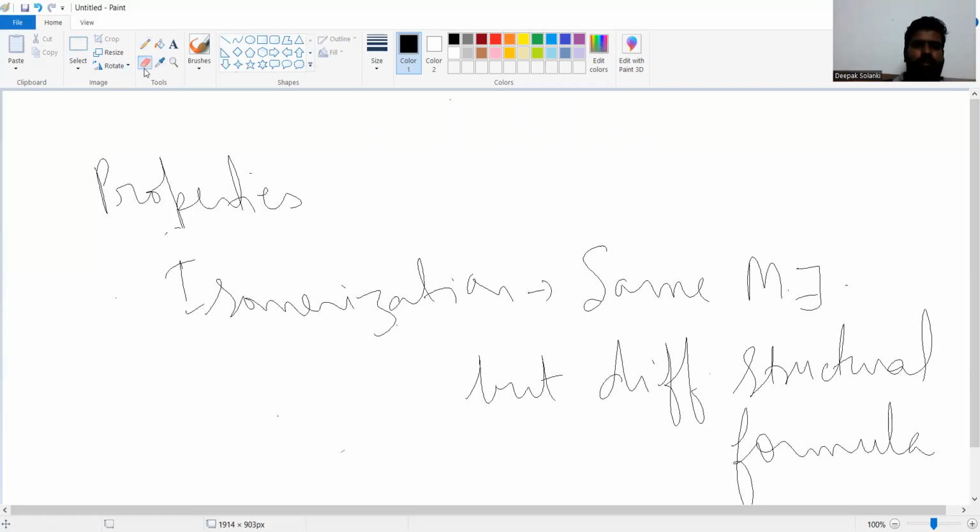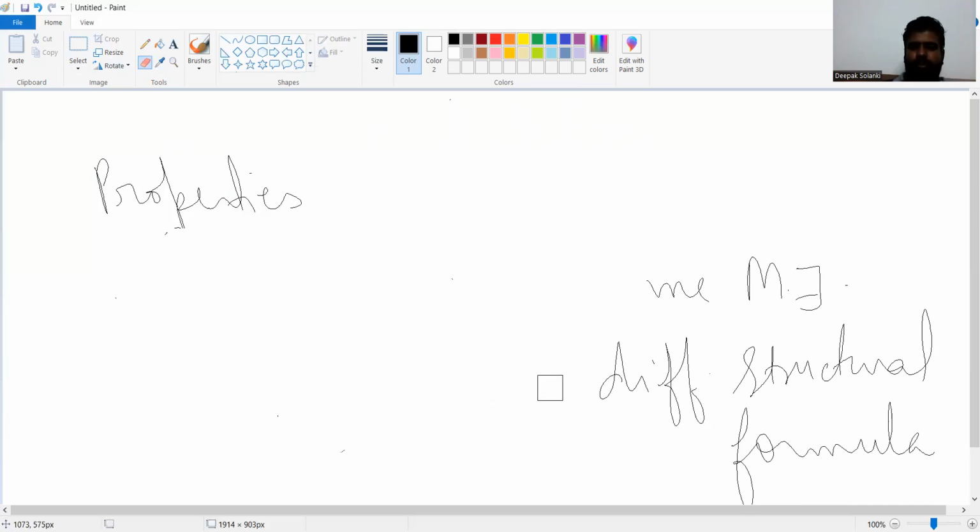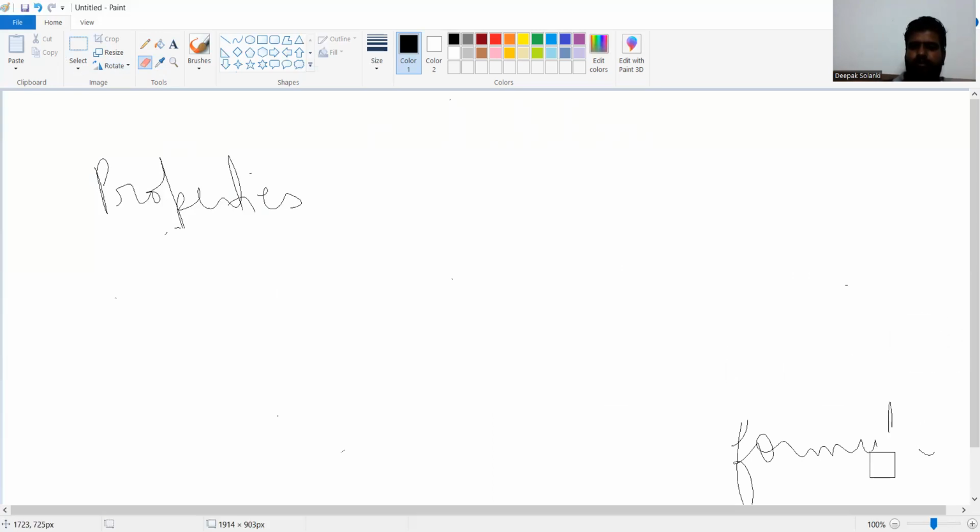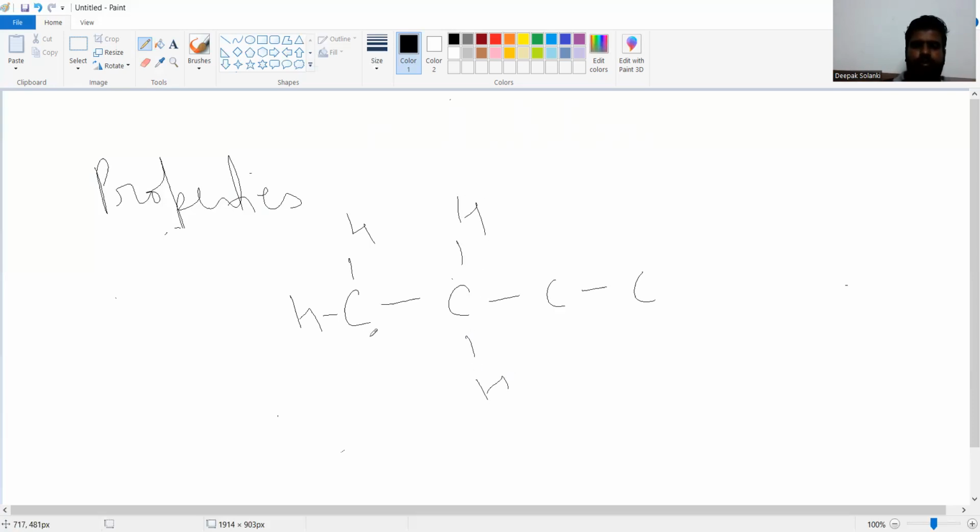Let me take one example of butane. There are four carbons. This is butane. The formula is C4H10.